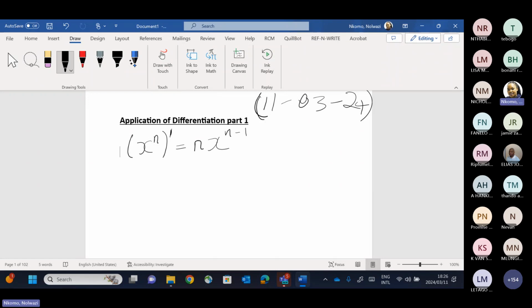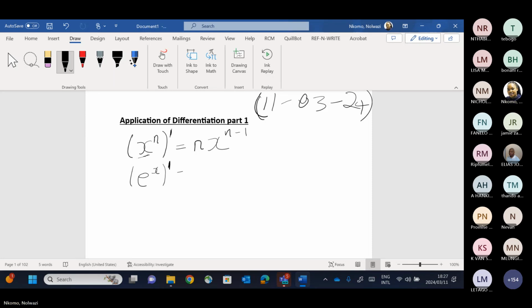Okay, and again, this one, d/dx. This sign is a notation for differentiating. It just means you are differentiating the function inside.